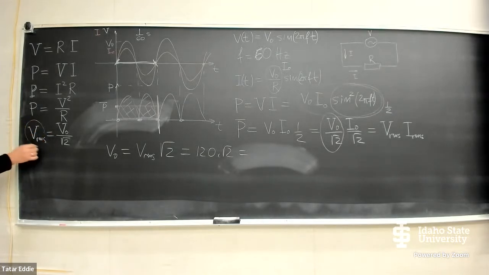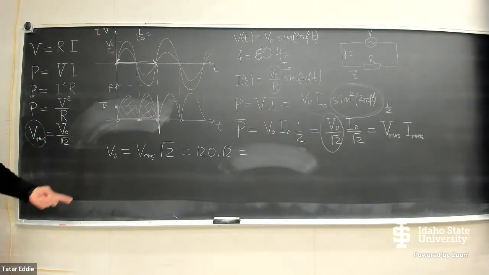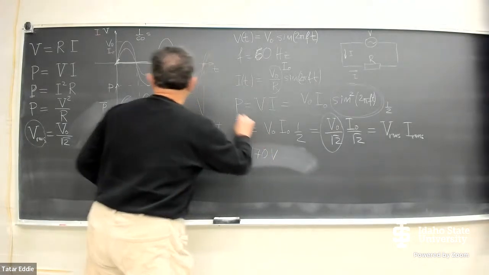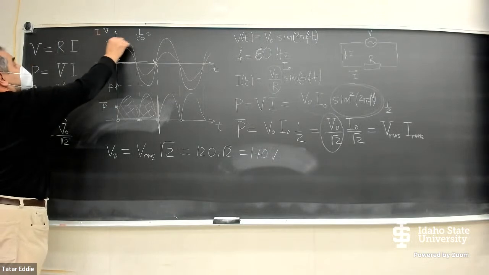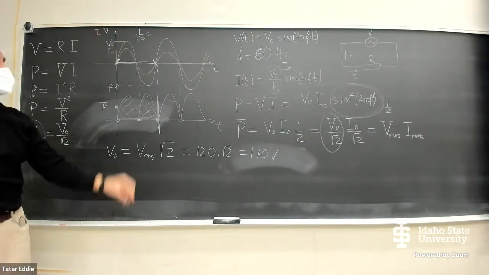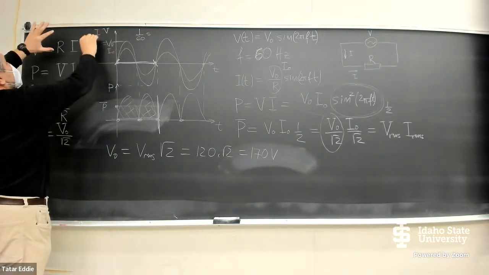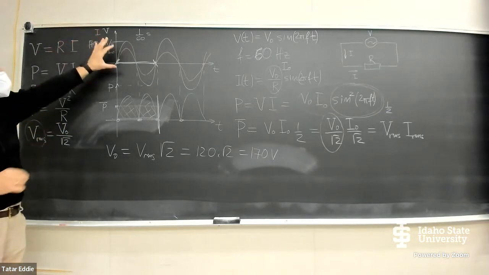We said RMS is 120. Right. 169.7. Okay, let's make it 170 approximately. So if you take an oscilloscope and you measure the maximum value, you are going to get that the maximum value of the voltage is 170 volts here.